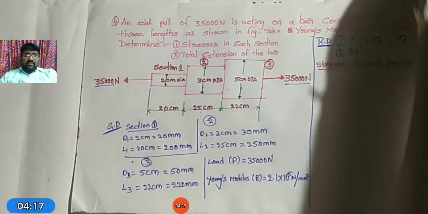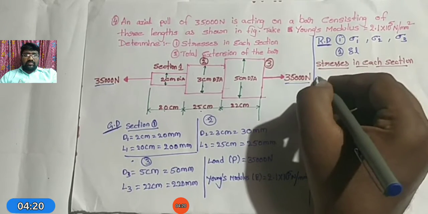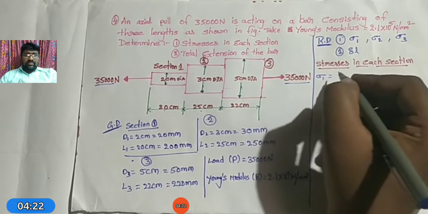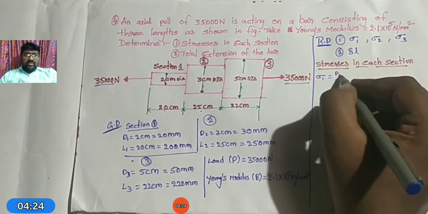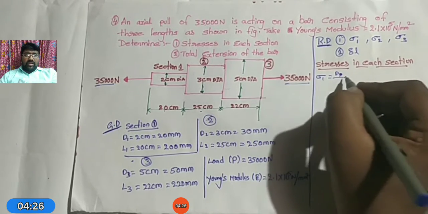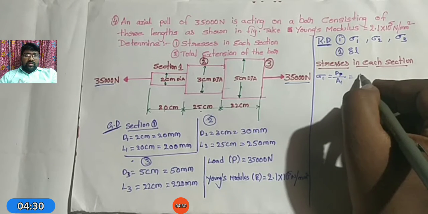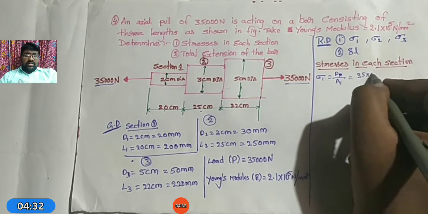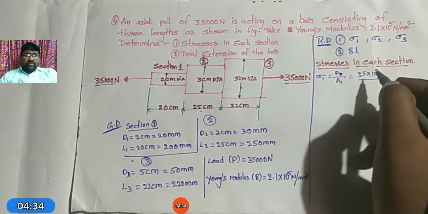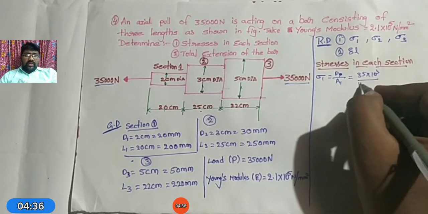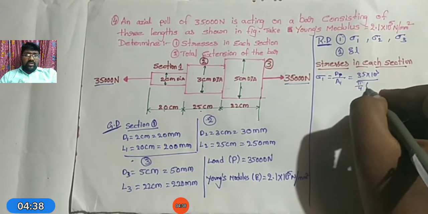Sigma 1 is equal to, we know the formula, P by A. The load is 35 into 10 cube, by the area, pi by 4 d1 square.